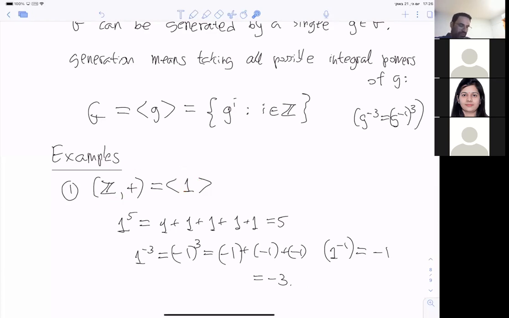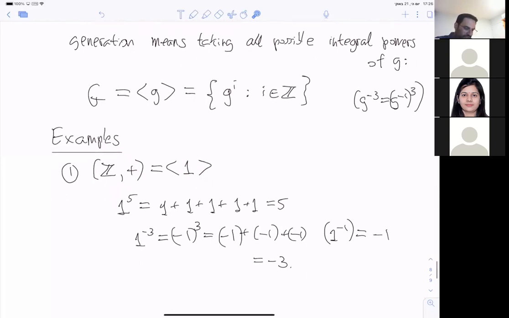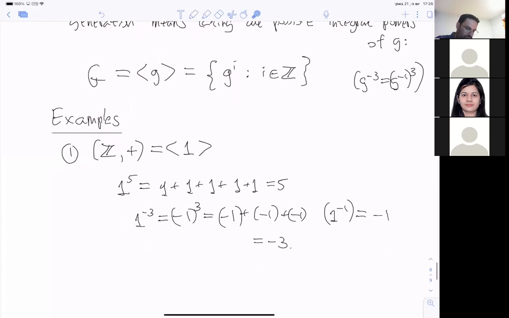So this is a generator of the whole group. There is another possible generator. It can also be generated by minus 1, just taking the inverse powers. These are the only two elements which can alone generate the whole group. So this is a cyclic group.